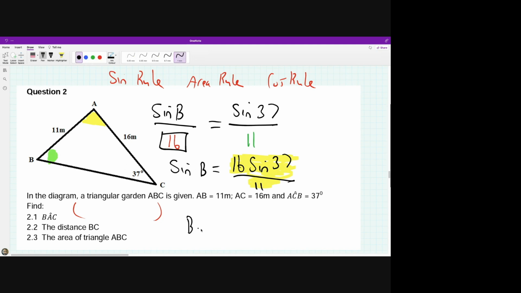Go B equals shift sine or inverse sine of this whole yellow thing up here. I'm just using yellow to mean that over there. And tell me what you get for B.